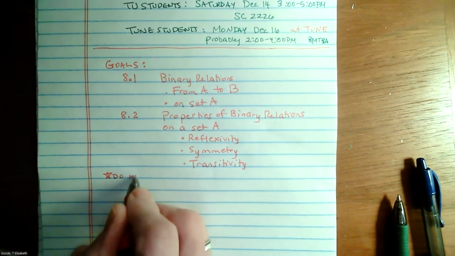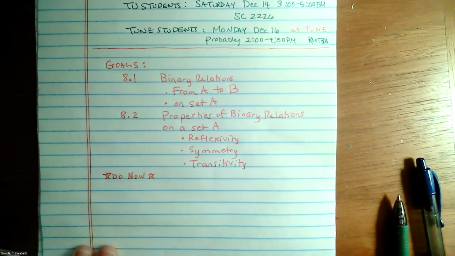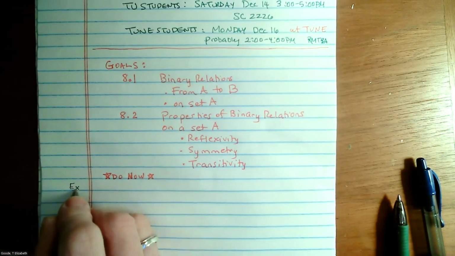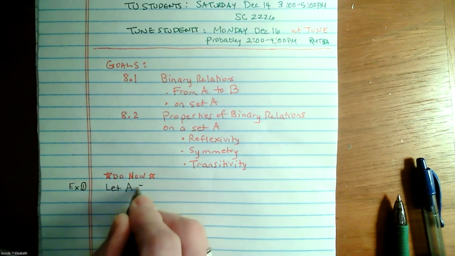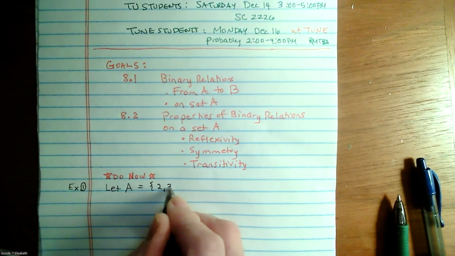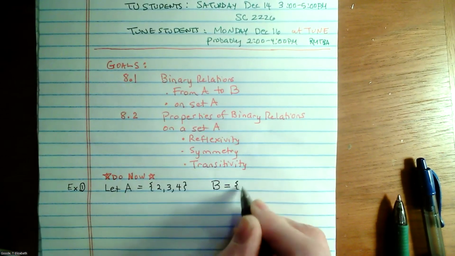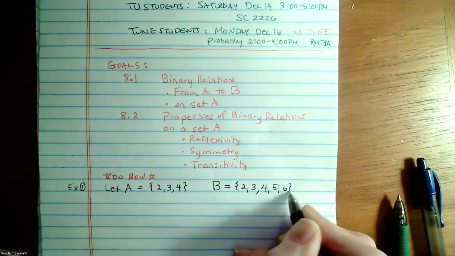So let's do a little do now to get everybody warmed up. And the do now tonight will serve as our example 1. We're going to let A be the set that contains 2, 3, and 4. And we're going to let B be the set that contains 2, 3, 4, 5, and 6.